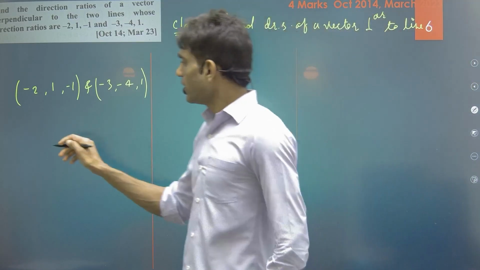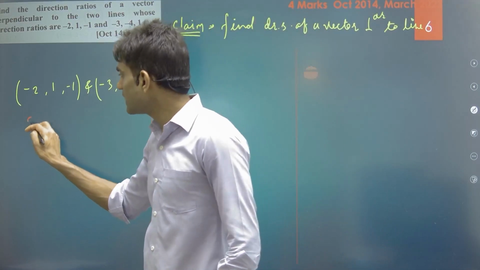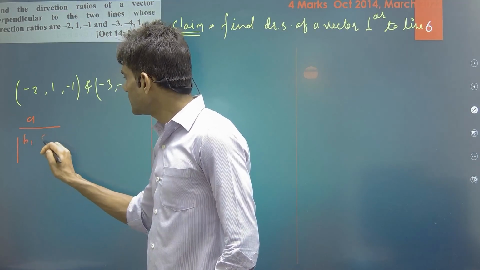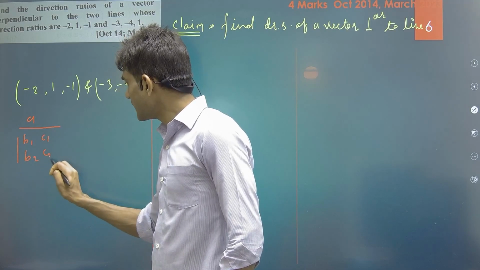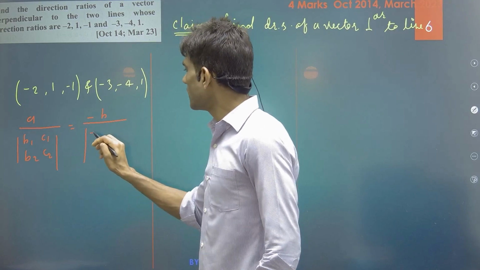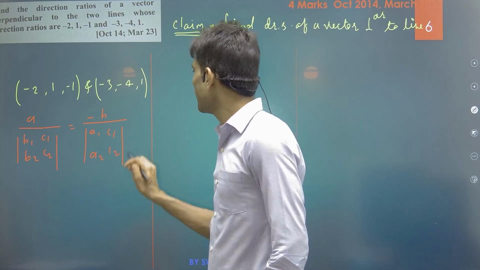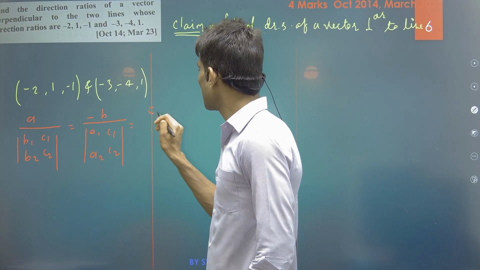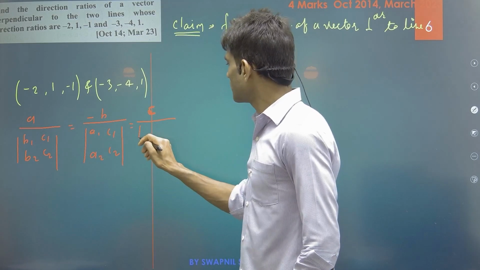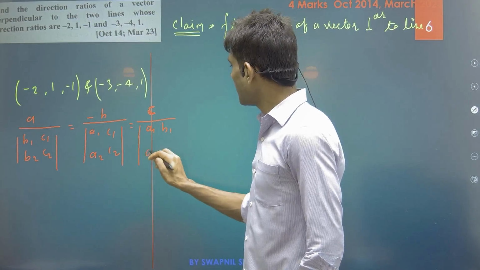We know that for the direction ratios of our perpendicular line, we can write a upon the determinant of b1 c1, b2 c2. Similarly, minus b upon the determinant of a1 c1, a2 c2, which is equal to c upon the determinant of a1 b1, a2 b2.